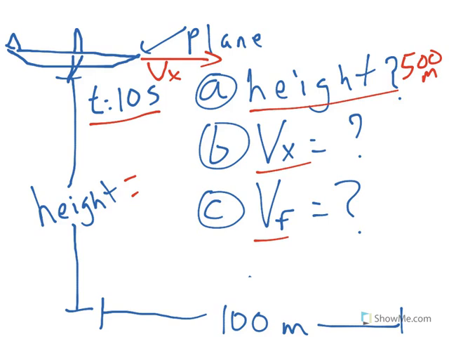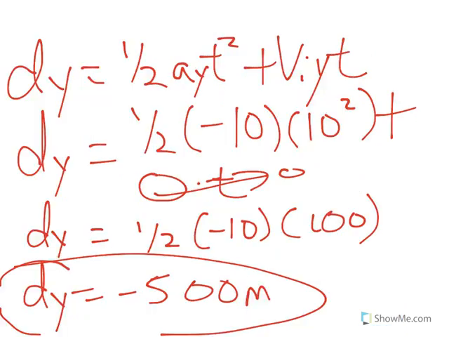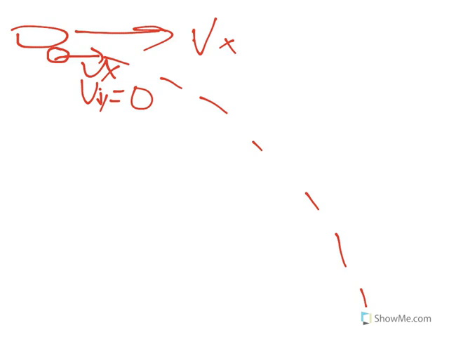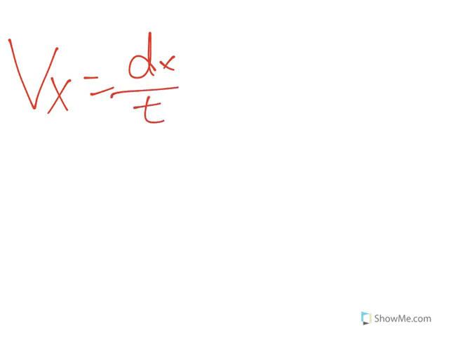Now we need to find the velocity in the x. Well, we have a distance here that is the distance in the x direction. It's along the horizontal. So we know the distance in the x. We also know the time. So if you were to find your formula for velocity in the x, then what we would see is the velocity in the x is equal to the distance in the x divided by the time.